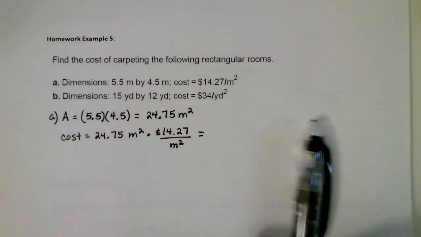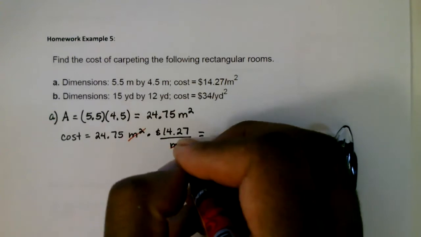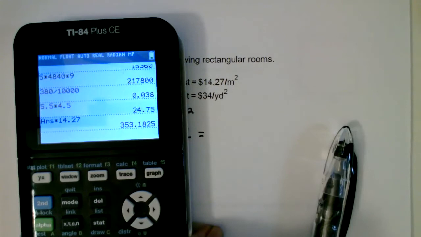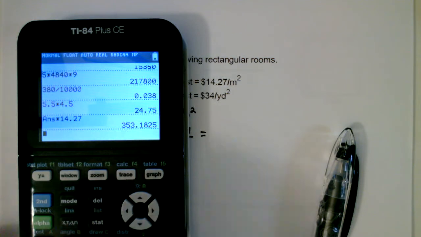If I multiply it like that, the square meters divides out, so my answer will be in dollars. So 24.75 times 14.27, and in this case, I'm going to round this off to 2 decimal places since we're dealing with dollars and cents. So it'd be $353.18.